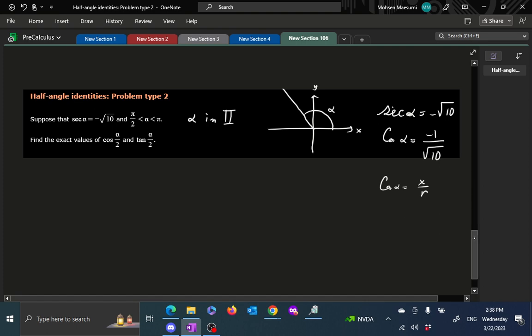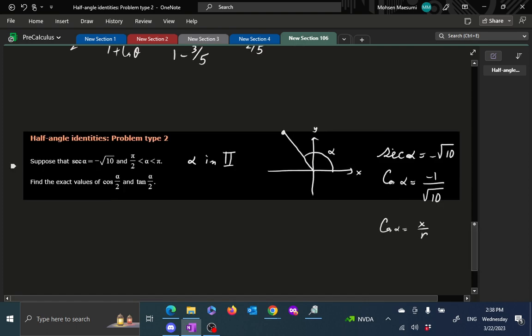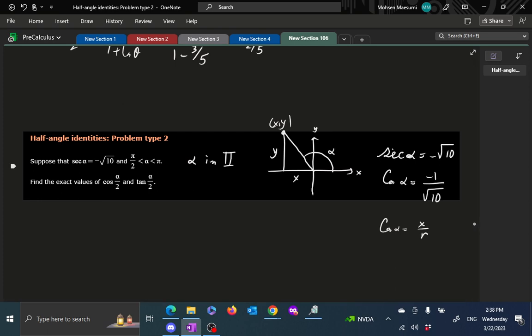Cosine is the ratio of x over r. So if this is a point with coordinates x, y, of course this is y, this is x, and this is r. X has to be minus 1, r has to be radical 10. And what does that leave for y? What is going to be the value of y?